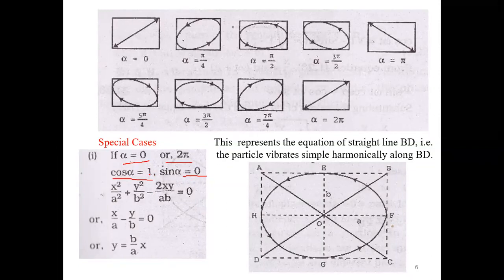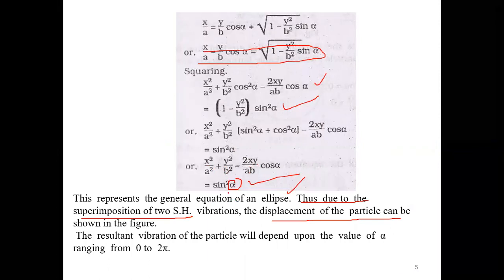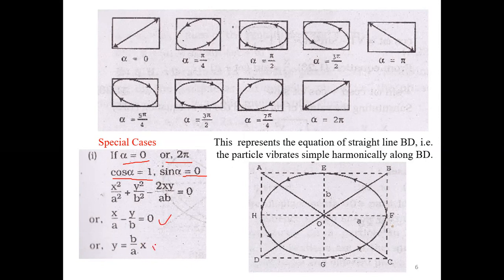So in that case, in the previous formula, the formula of the ellipse, if you put this one as 0 and this one as 1, it will become (x/a - y/b)^2 equal to 0, or x/a equal to y/b, or y equal to (b/a) x.